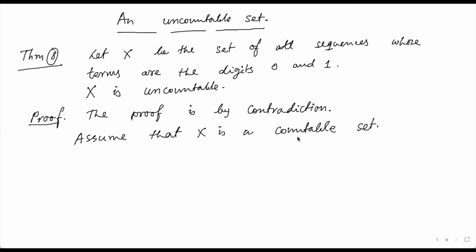If X is a countable set, then it admits an arrangement as a sequence of distinct terms.